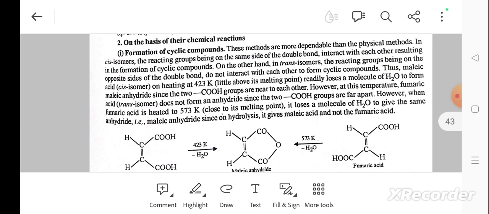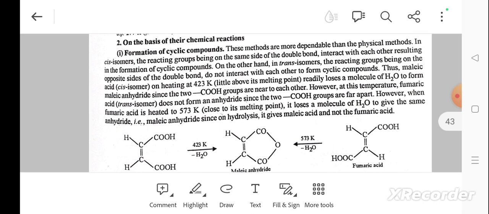Maleic acid on heating at 423 K, above the melting point, loses a molecule of H2O to form maleic anhydride, since the two COOH groups are near each other.